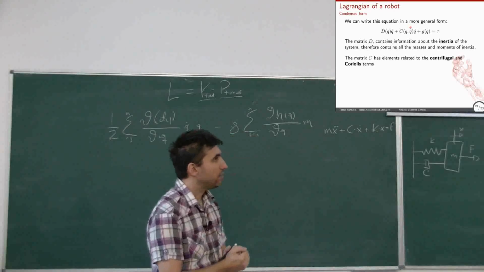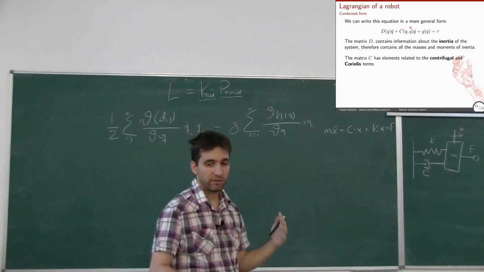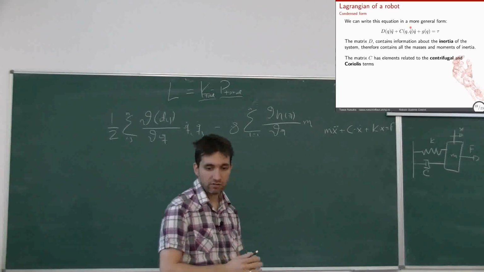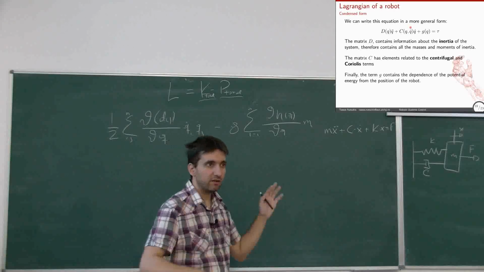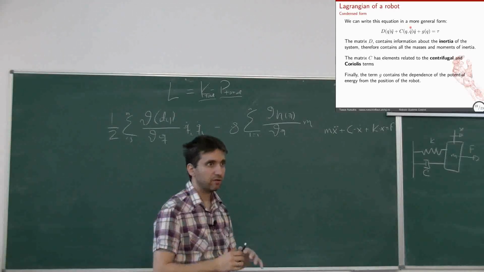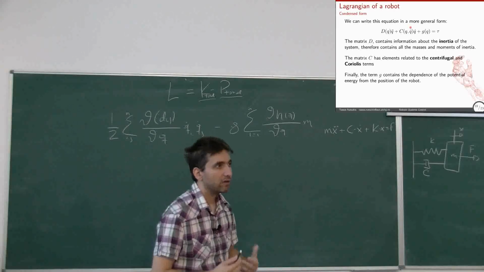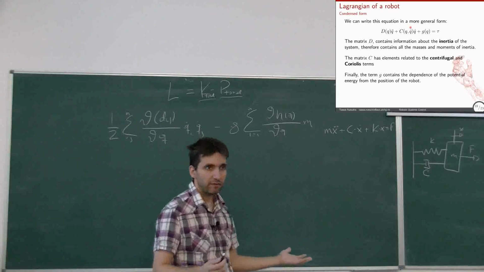It's the dynamics of the system that have to do with the speed of the joints, the velocities of the joints. While the term G contains just the dependence on the potential, so things relating to position. In our case, we saw potential depends only on gravity.